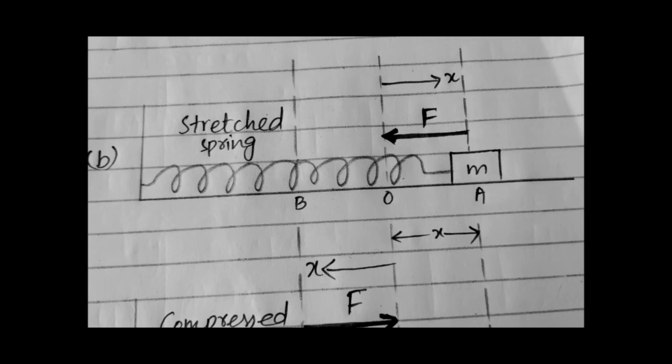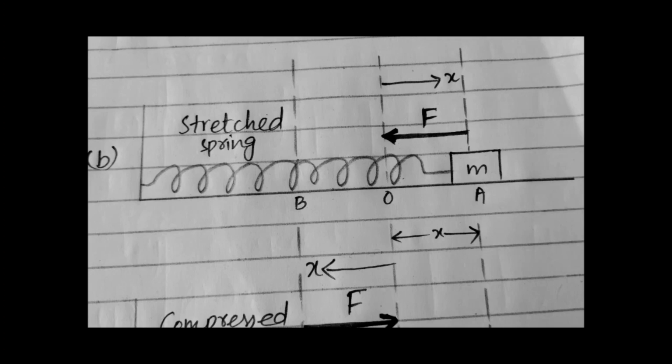So it will exert a force on mass m so that it comes to position O and relaxes the spring. We can see that the force is acting on the mass m and its direction is towards the position O. Here x is the displacement from position O, which is the rest position or initial position.